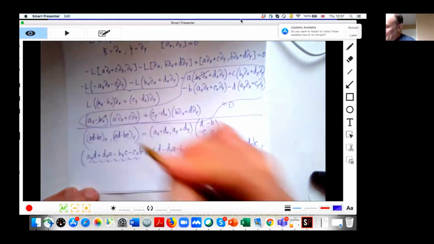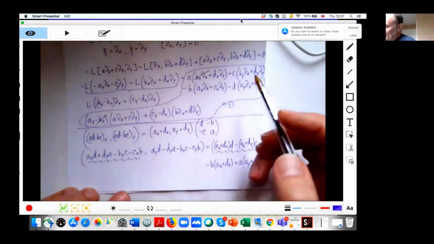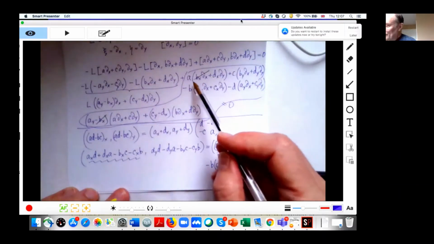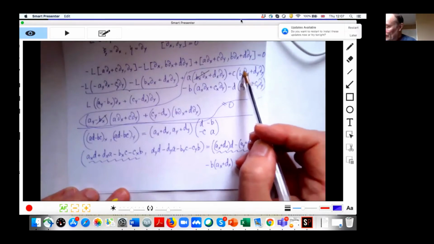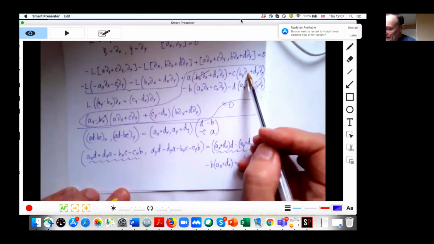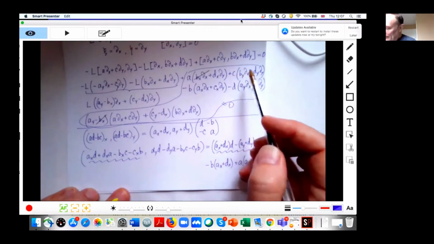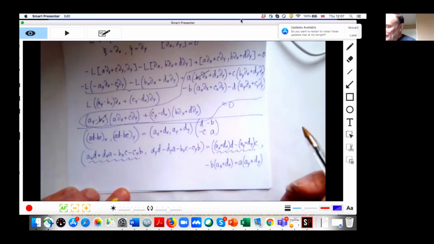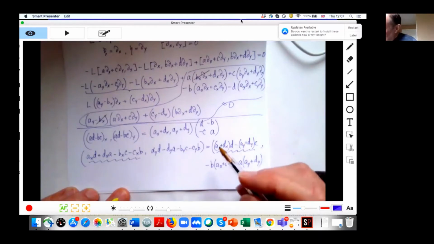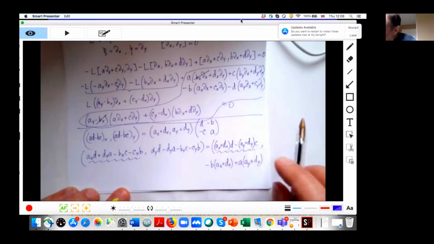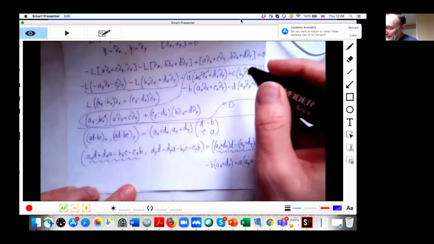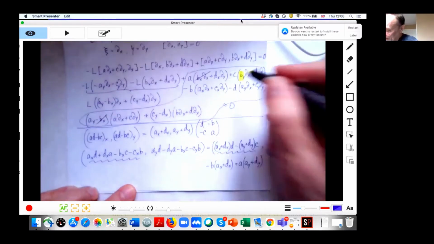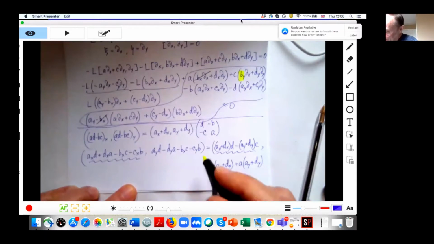Next, I will consider the coefficients in front of dx. CBY. So this term here, CBY, and I have a similar term here, so CBY.